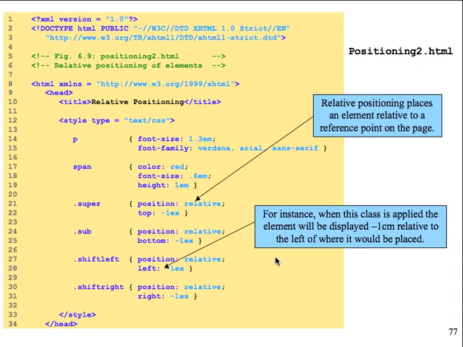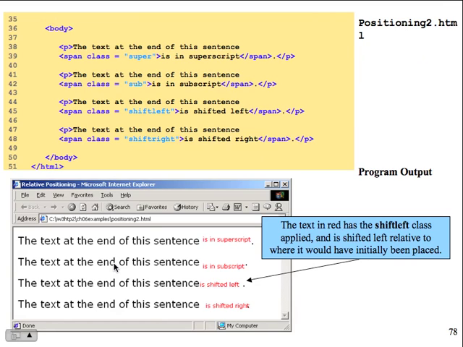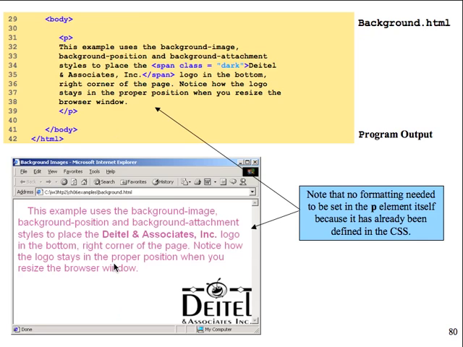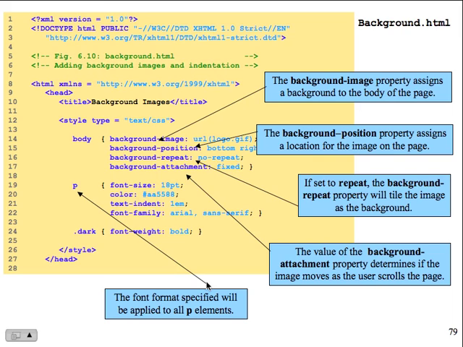So we've got the image position specified, and then we have over here in the CSS that we've created, a left shift and a right shift, or shift left, shift right, where we can move everything over. So the text is not exactly on top of the image, and I believe that, oops, let me go forward here. Here we go, here where the image is down here, and we're shifting, putting the text on the left instead of the right. We're moving the text around the image.